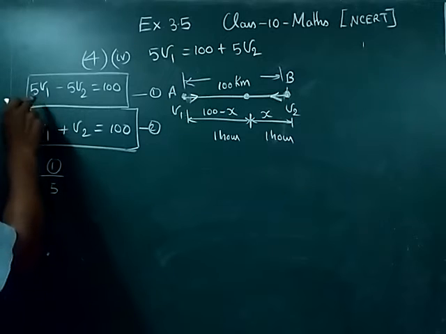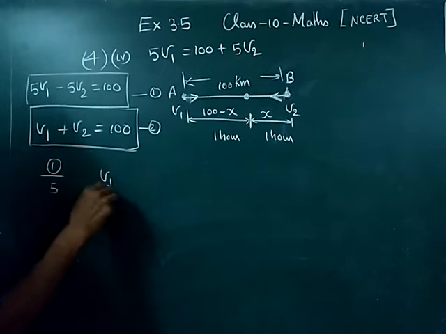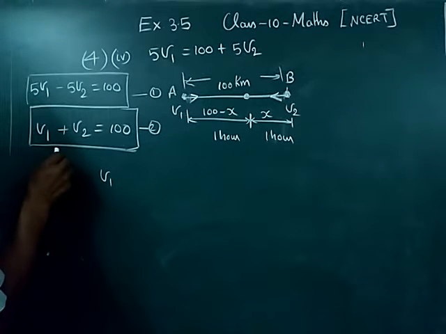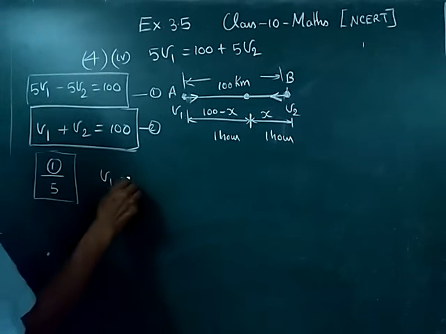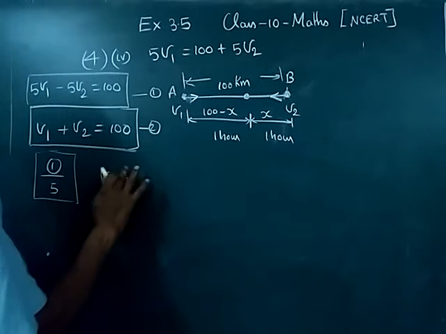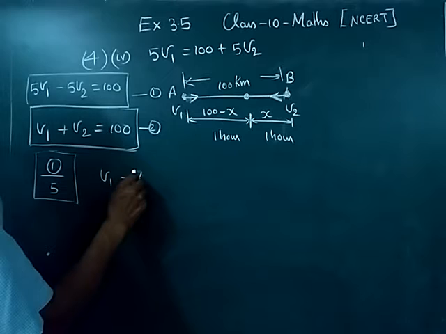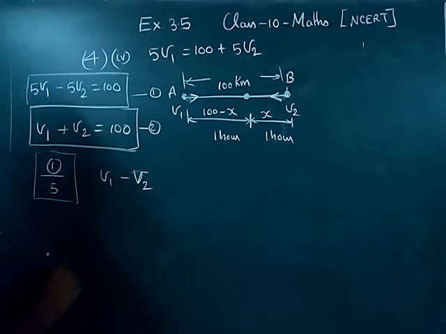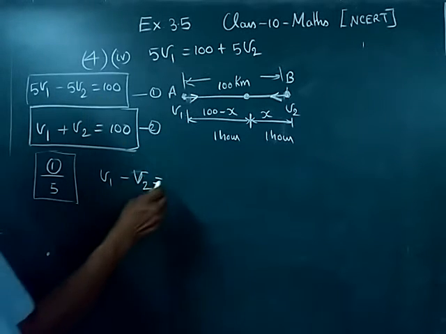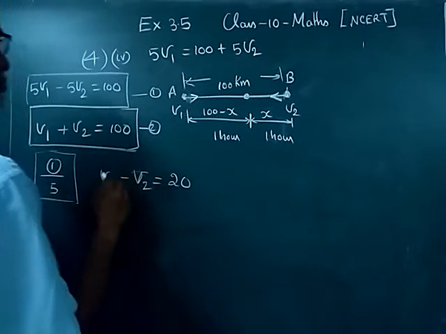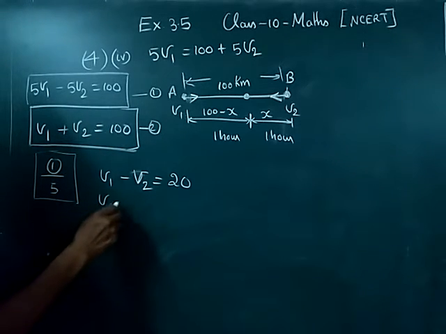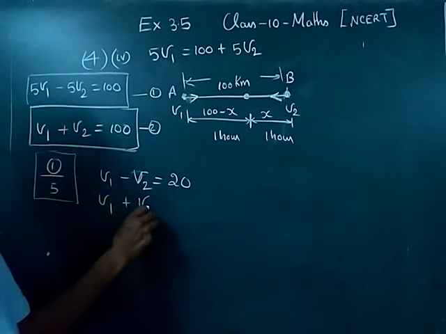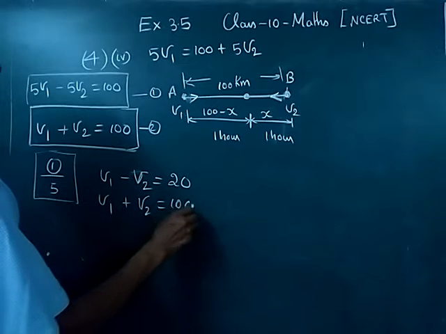If you divide by 5, you will get V1 divided by 5 minus V2 divided by 5. This will give you 20. That's how it gets transformed. You write the second equation as it is. V1 plus V2 is equal to 100.